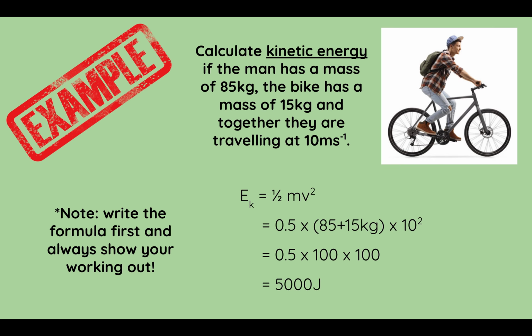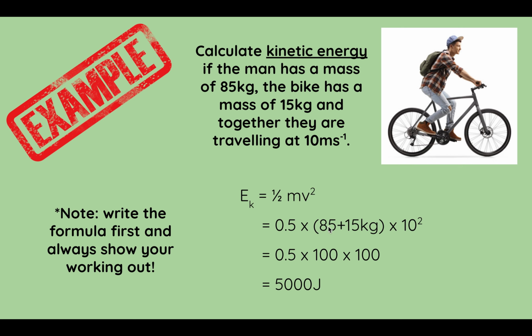So here's an example. Calculate kinetic energy if the man has a mass of 85 kilograms, the bike has a mass of 15 kilograms, and together they are traveling at 10 meters per second. So we're going to do kinetic energy equals half mv squared. That half we've converted into a 0.5 times the total mass.